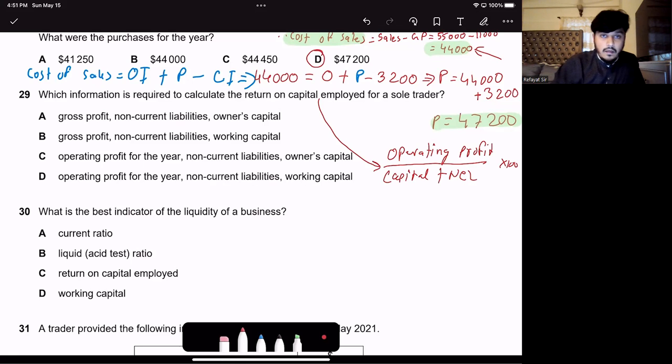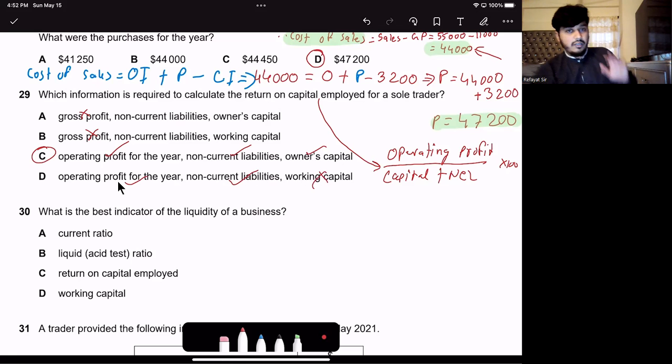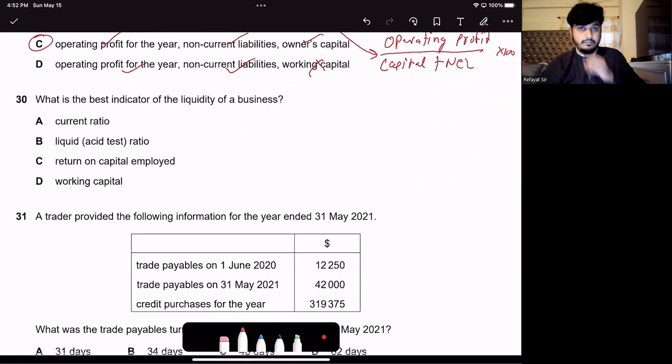Therefore, option A, gross profit, no. B, no. C, yes. Non-current liability, yes. Owner's capital, yes. C is the answer. For D, operating profit is fine, non-current liability is fine, but working capital is not part of the formula, so it will not be written.